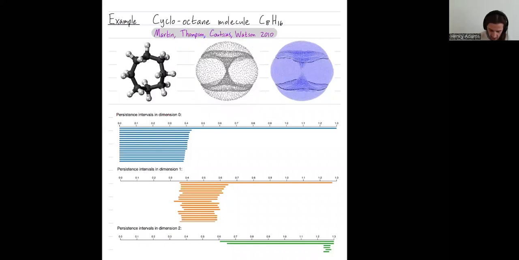Each configuration is a point in this picture, and this is just a PCA embedding of the data set of configurations down to 3D. The authors of this paper invented a triangulation technique to triangulate this data set, which is hard. An easier perspective is just to take this data set and build a Vietoris-Rips complex on top of it.